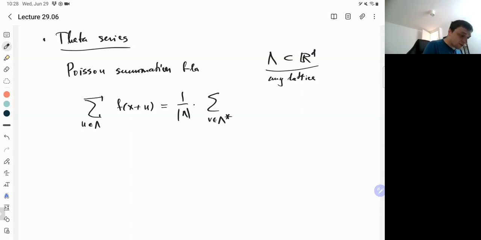So the summation of the function over the lattice, you can express in terms of the summation of the Fourier transform over the dual lattice. And when you have shifts, you have to add a modulation on the right-hand side.